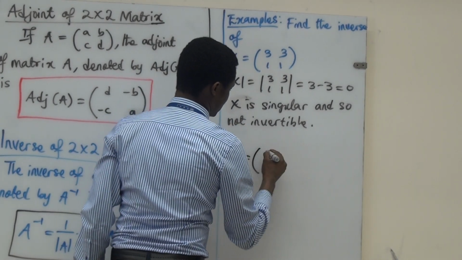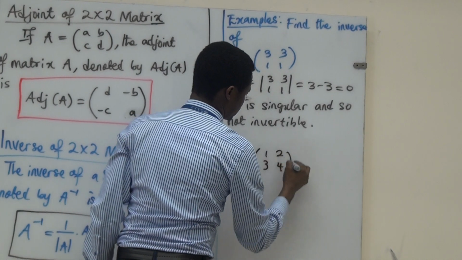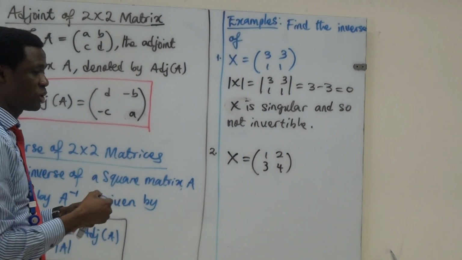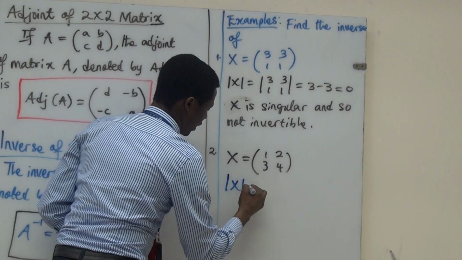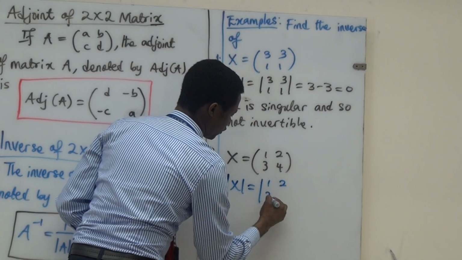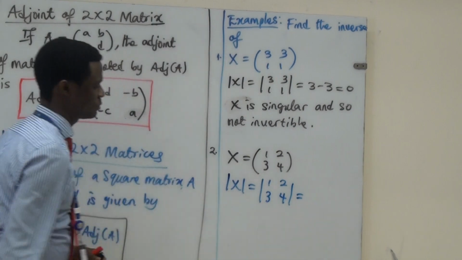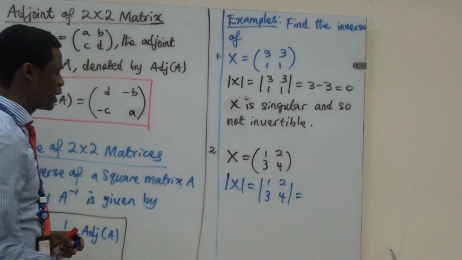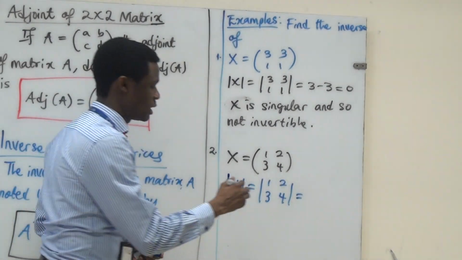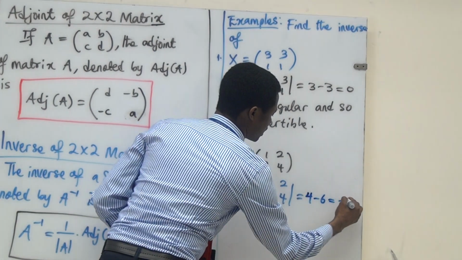Let's try X is 1, 2, 3, 4. If X is 1, 2, 3, 4, the determinant of X will be determinant 1, 2, 3, 4. What is this? Everybody quickly, you can do this later. 4 minus 6, which is negative 2.